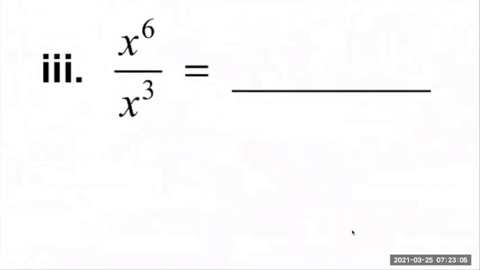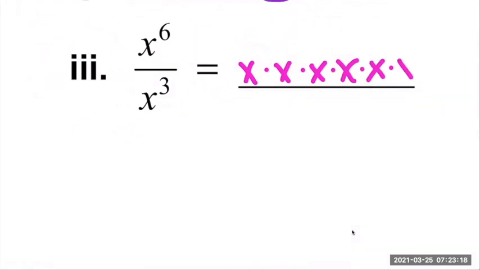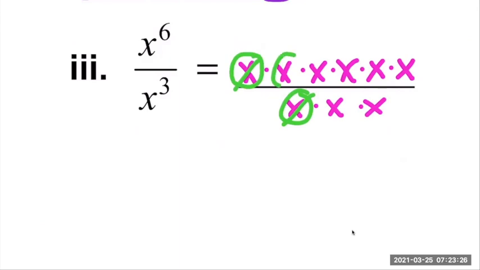All right, let's look at this next one. This next one has letters. So remember, this is super easy. All we have to do is follow the rule. But we'll do multiplication. So I have that one, it goes away. I have this one, it also goes away.